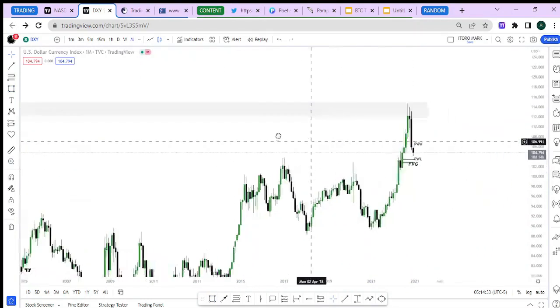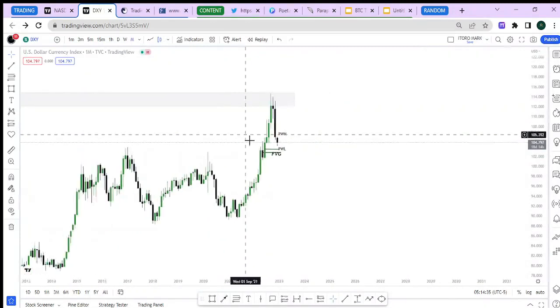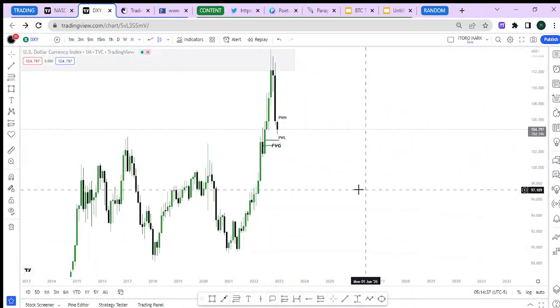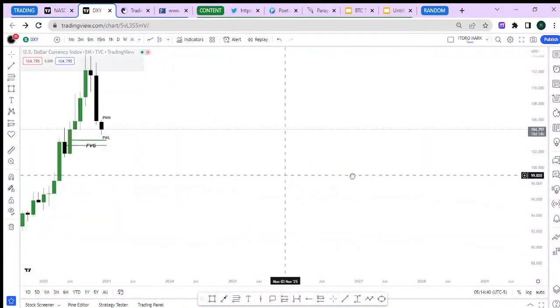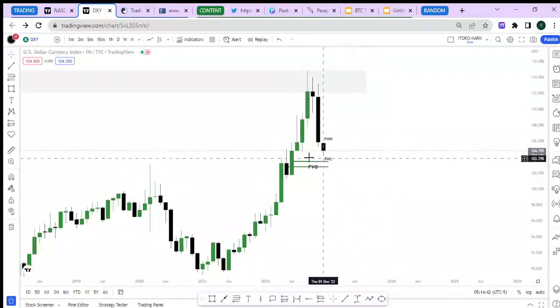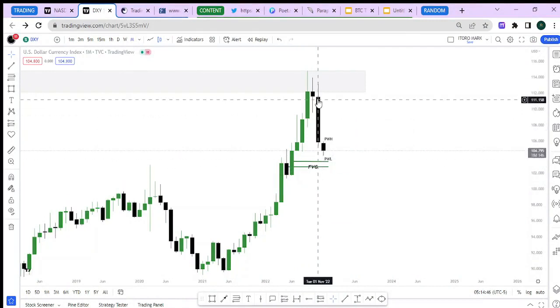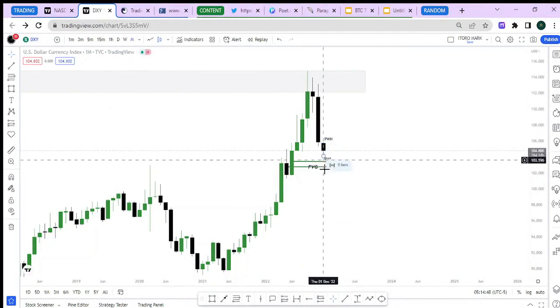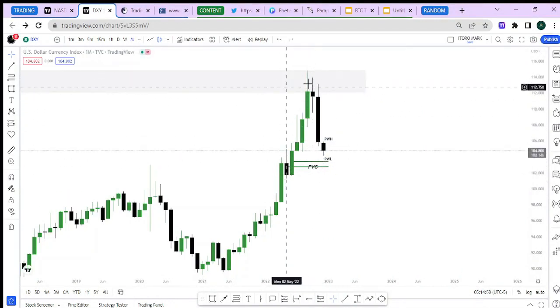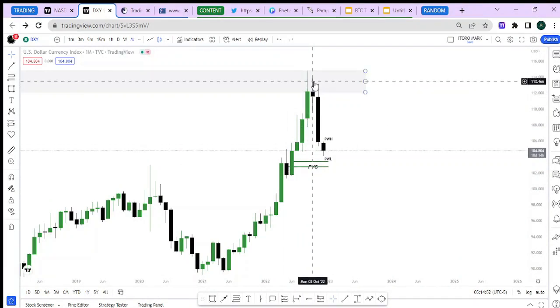Now, understanding that, you can see that price reacted swiftly. We saw price tap into that monthly fair value gap. That's just the logic. I'm just using the logic that price is coming from a monthly bearish fair value gap.